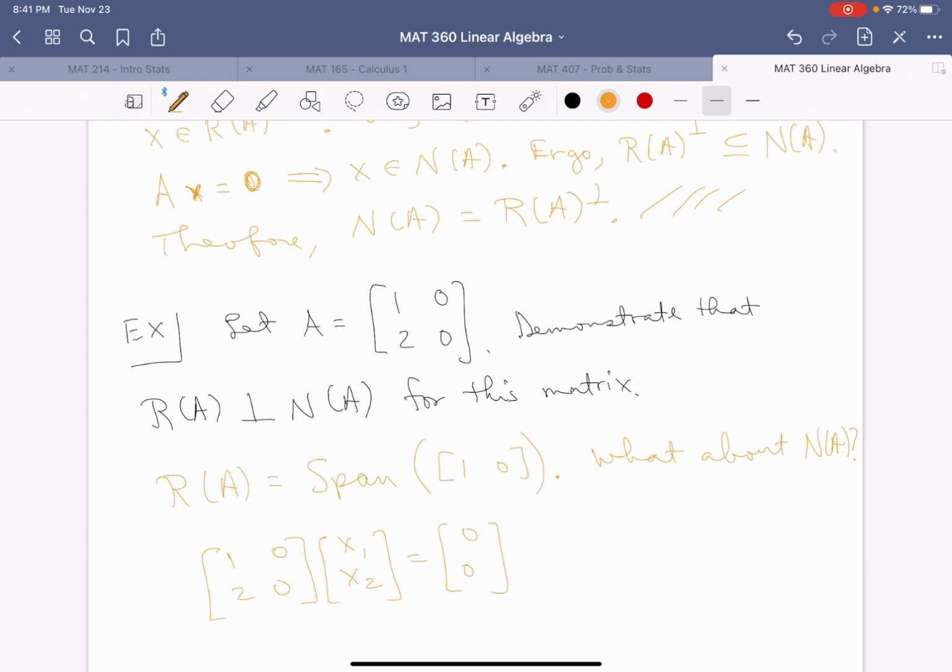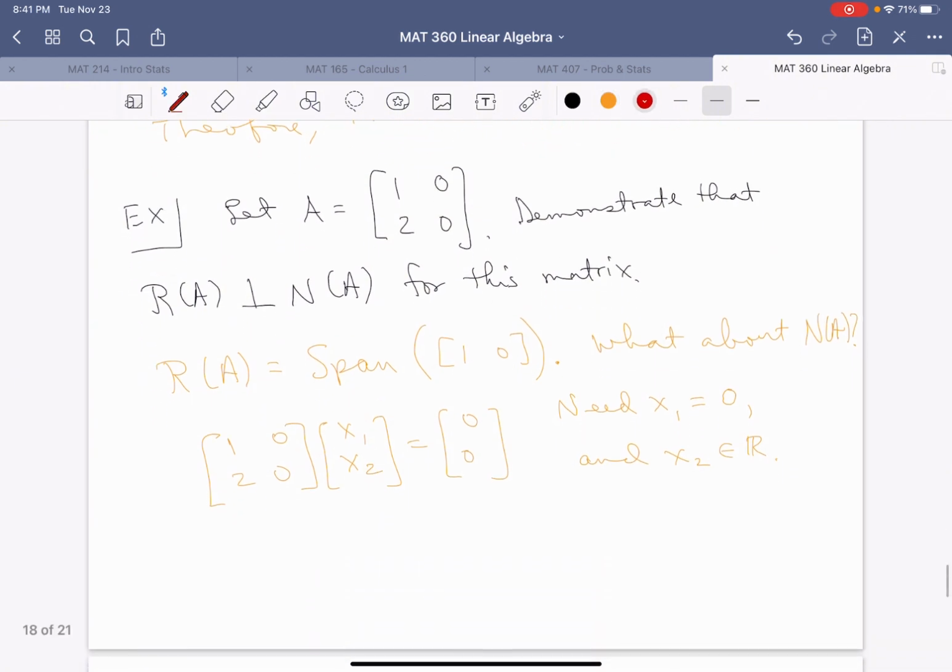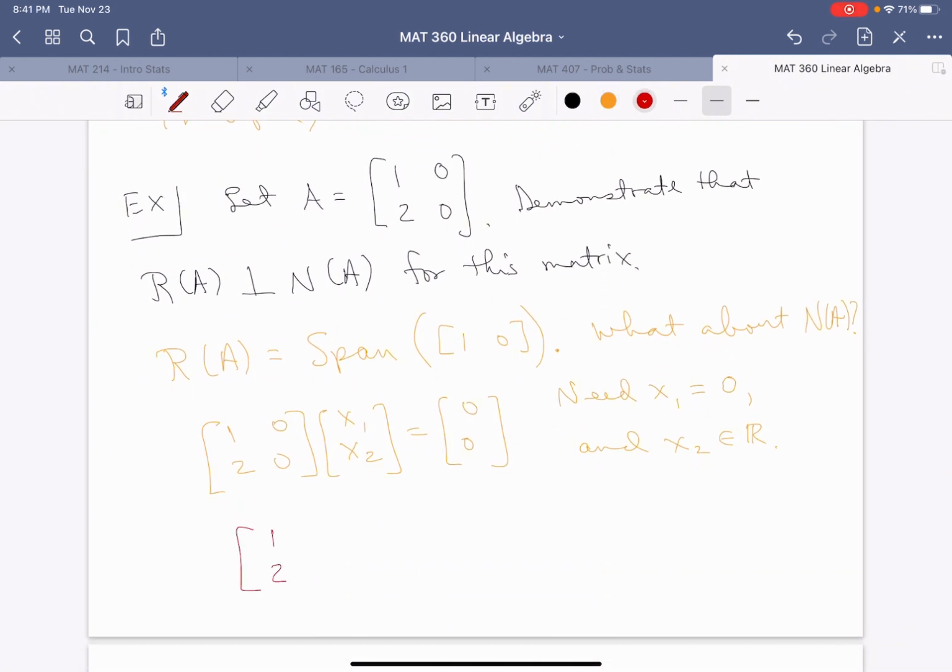Well, for this to be true, we're going to need little x1 to be 0, and then little x2 can be any real number. You can solve the system like we normally do, by looking at the augmented version.